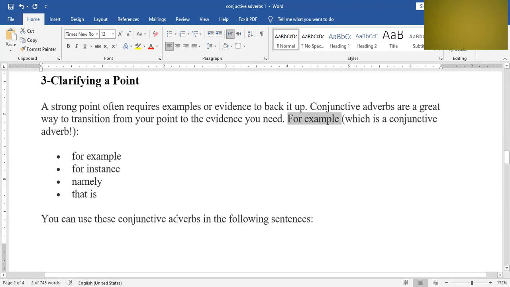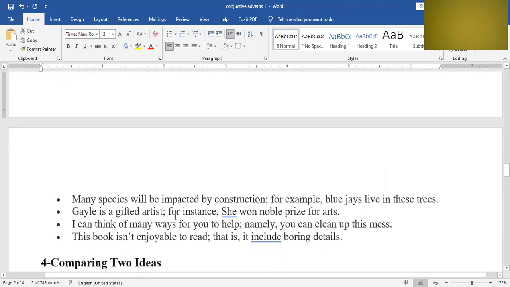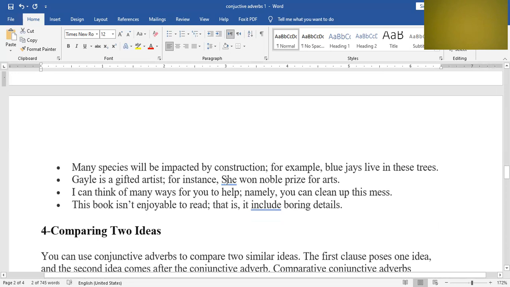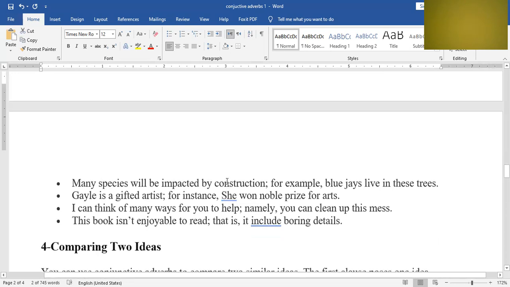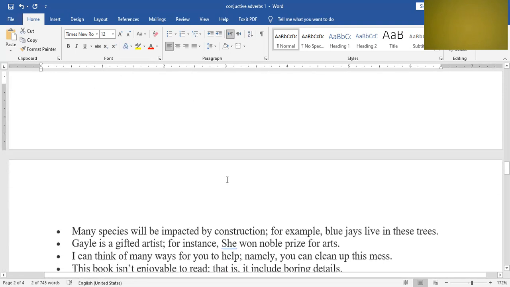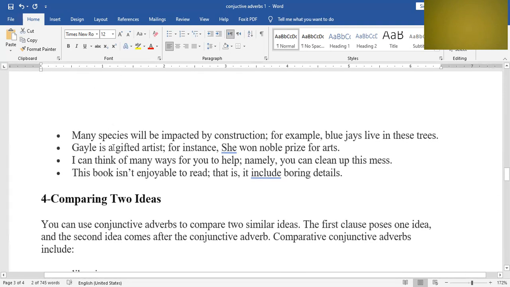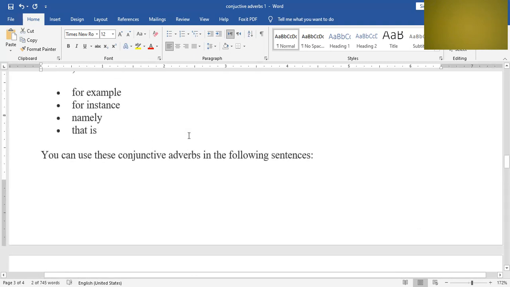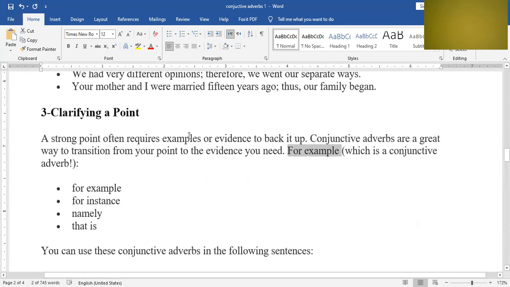You can see the examples, the detailed examples here using conjunctive adverbs of clarifying points in context. Many species will be impacted by construction because the governments and people are building a lot of buildings and constructions.